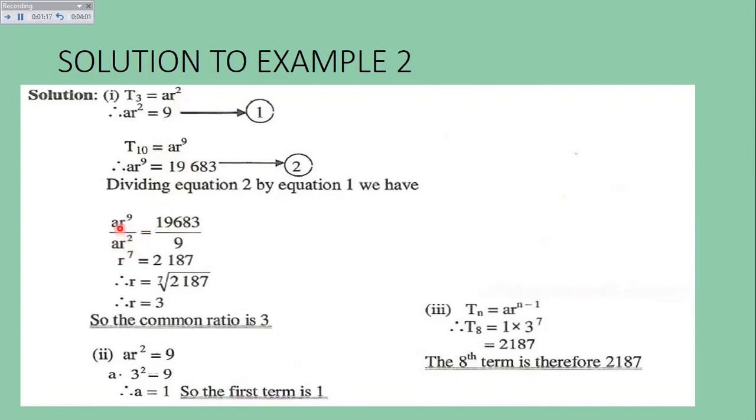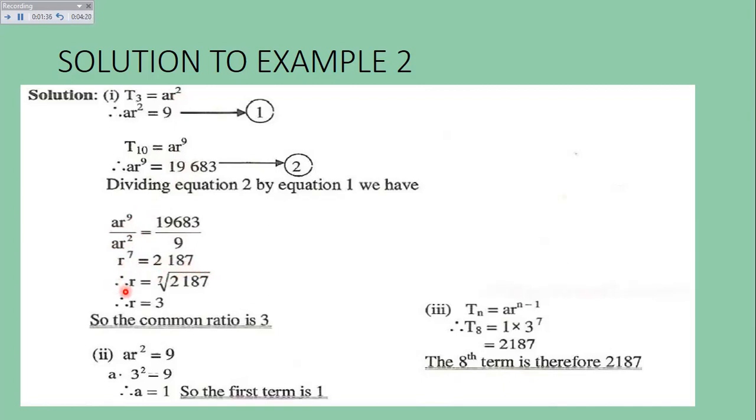So A and A will divide. By indices, R9 divided by R2, we simply reduce the power by 2, so R7 is going to be 2,187. That is going to be our R7.